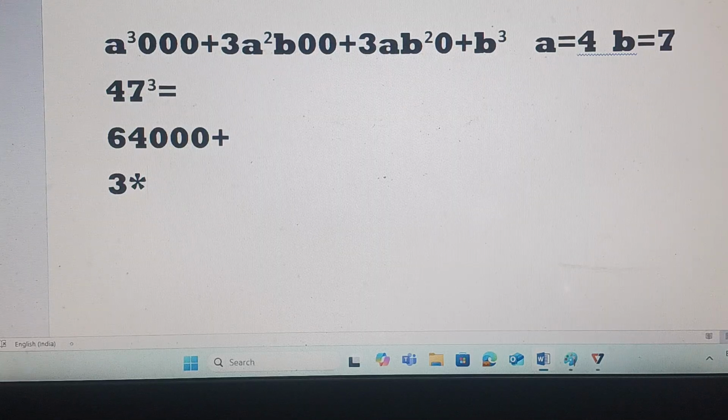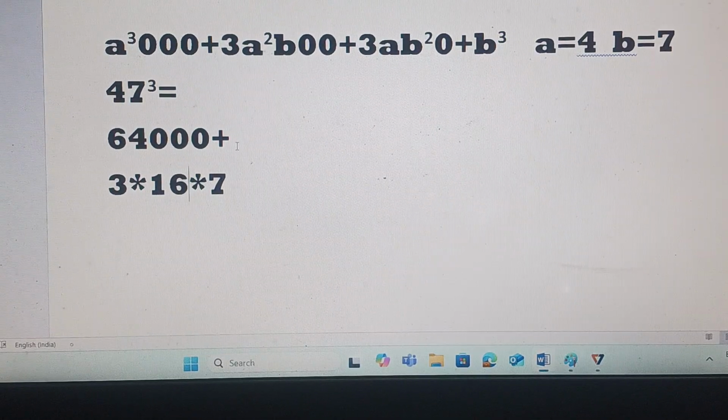Or, we can write it for our youngers, 4 times 4 times b, which is 7. 4 times 4 we can just write as 16. So we have 3 times 16 times 7, which is equal to 336, and we're going to add 2 zeros at the end. So 336, 2 zeros.